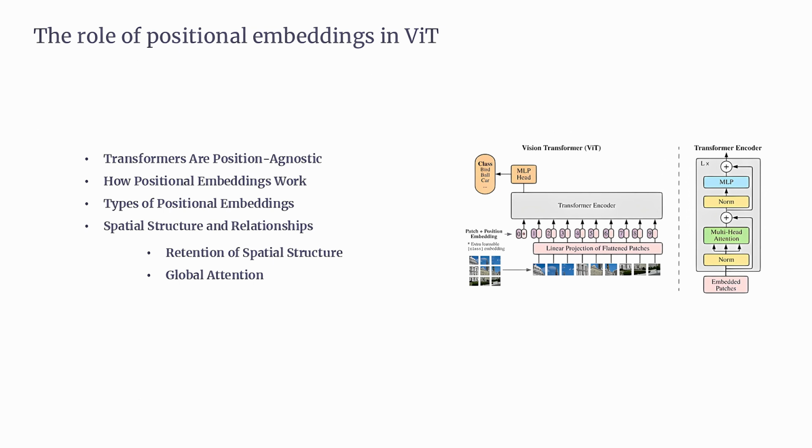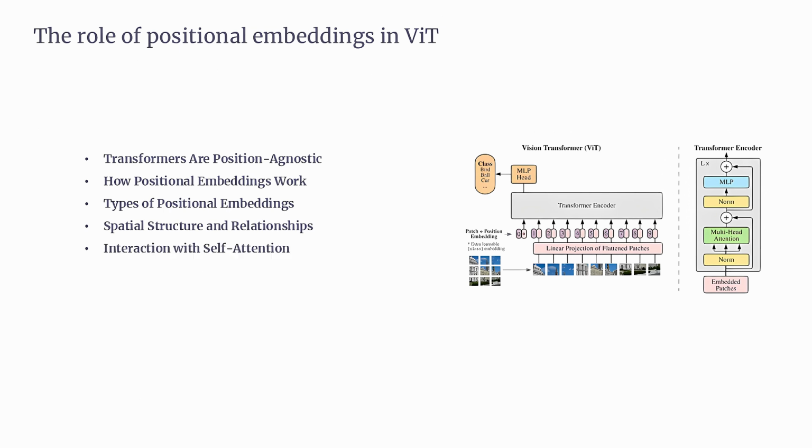Global attention. The self-attention mechanism in ViT calculates attention scores between all patches. Positional embeddings help the model understand not only the content of each patch, but also its location relative to the other patches. This allows the model to understand the overall structure of the image, which is essential for tasks like object detection or scene segmentation.